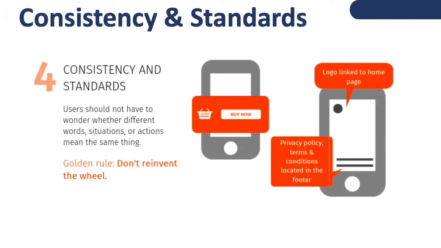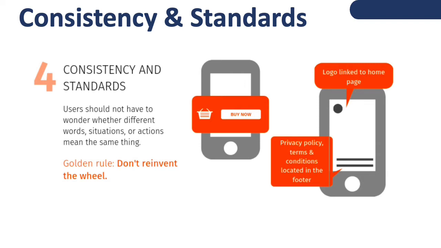Moving on to number 4, which is consistency and standards. If we are developing or analyzing a website that is very beautiful, it should also have consistency and standards to be followed. For example, users should not have to worry about different words and situations that could have different meanings.